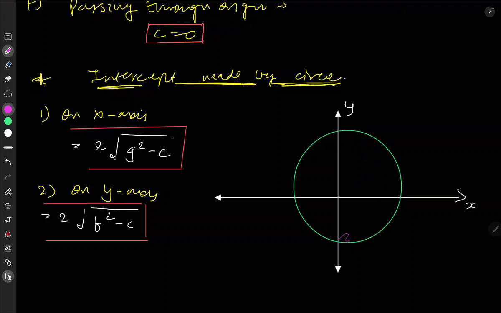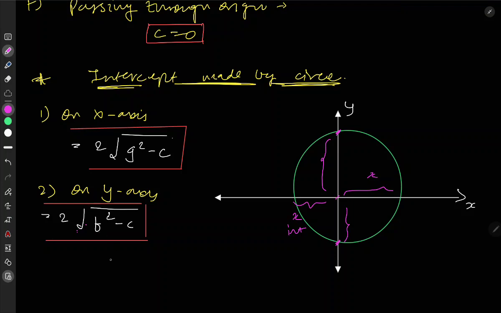The y-intercept has two of them on the y-axis. This is the y-intercept, or this is the y-intercept, and on the x-axis this is the x-intercept, and this is also the x-intercept. That's why there's a root, which on squaring gives f square minus c, so there would be two values.